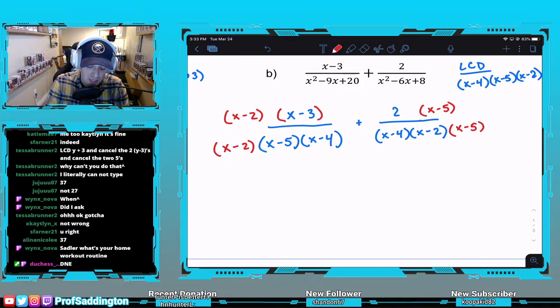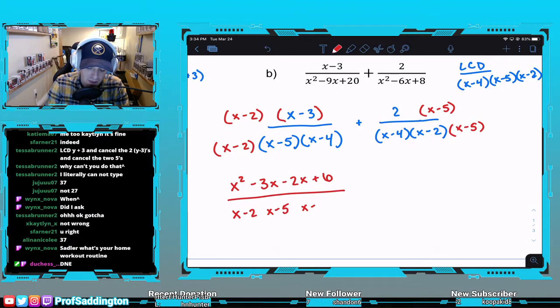It is going to be x squared minus 2x, I'll do minus 3x first, minus 2x plus 6 all over x minus 2, x minus 5, x minus 4.